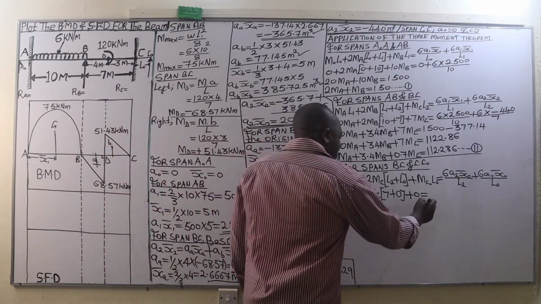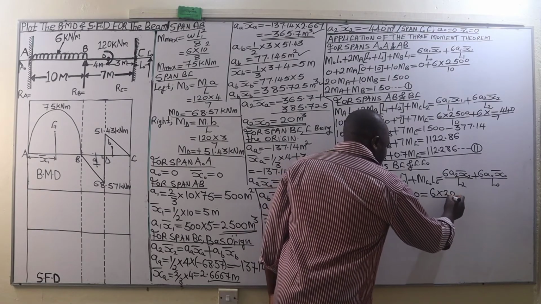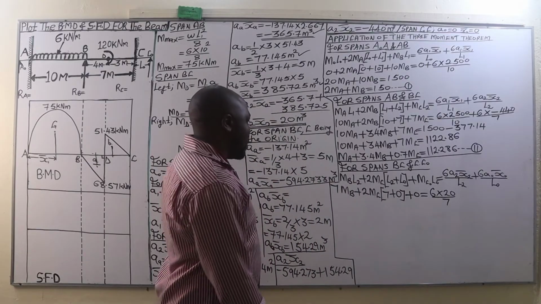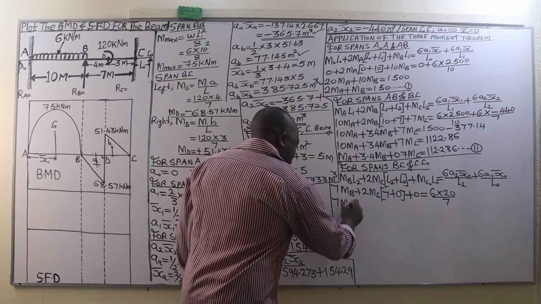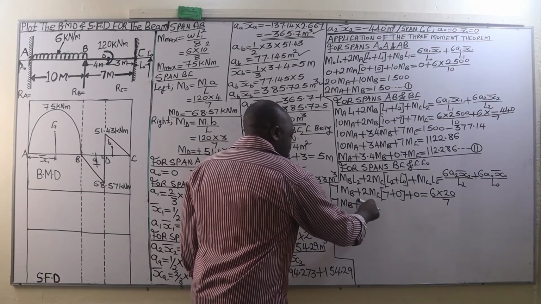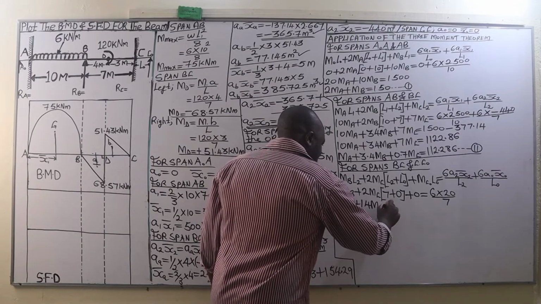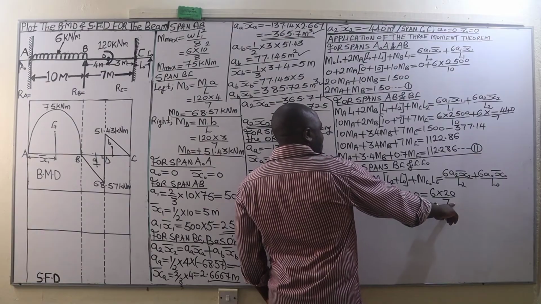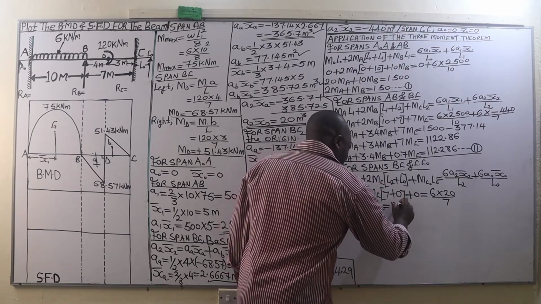So that is going to be 6 multiplied by 20 divided by L2, which is 7 meters. And this will give us 7 MB plus 2 times 7, that is 14 MC, equal to 120 divided by 7, that happens to be 17.14.